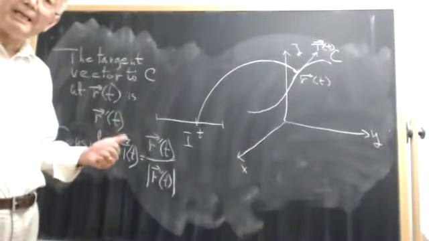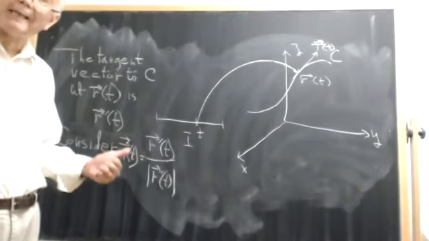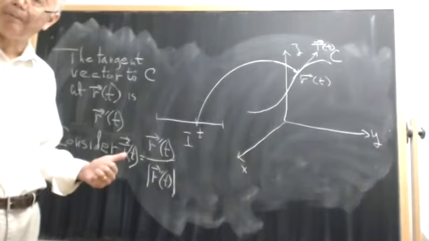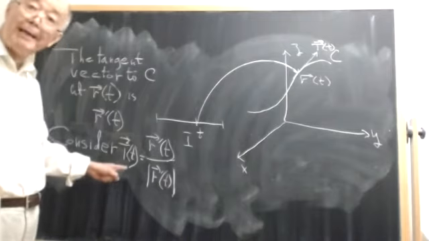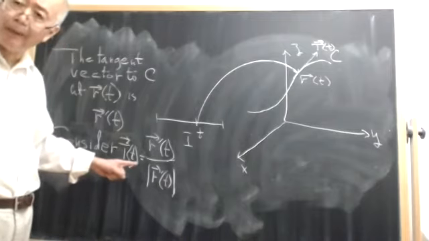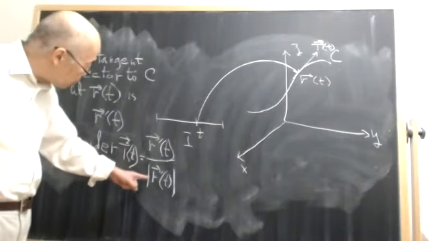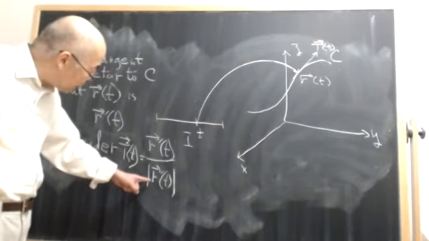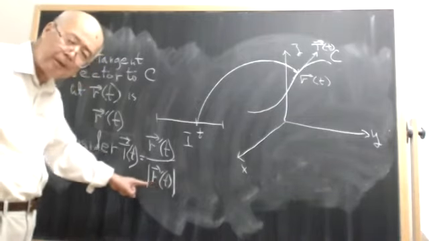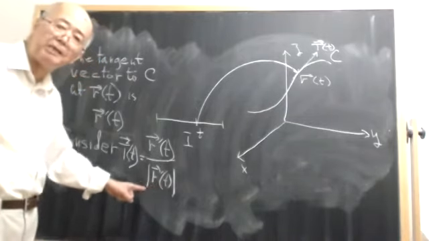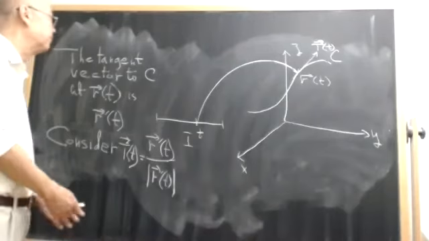So this unit vector always has length equal to 1. T of t always has length equal to 1. And now you understand why we need this to be non-zero. This is not equal to 0 everywhere. Otherwise, you cannot divide. Okay?